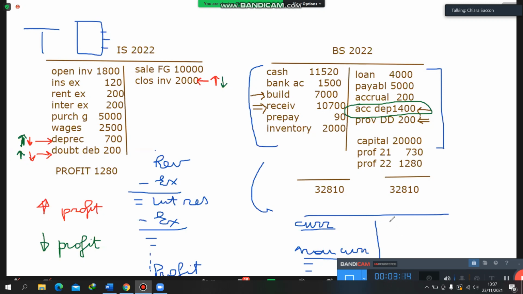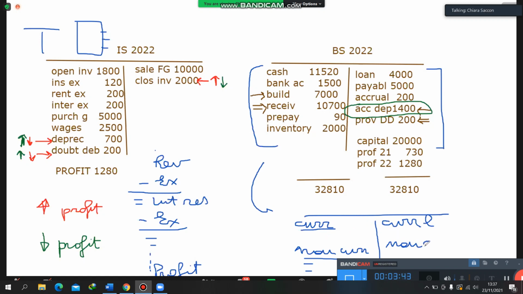And on the other side, we can write current liability, like for example, payables, accruals. There are liabilities asking for money to be settled in the short term. So we have current liabilities. And then we have also non-current liability, like the loan, because the loan will last for many periods because you are asking a loan for a long time.